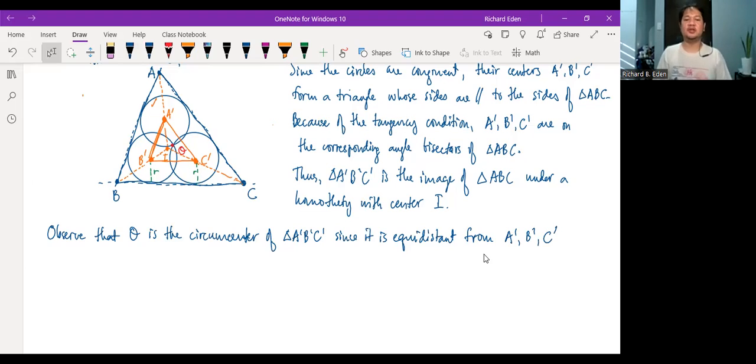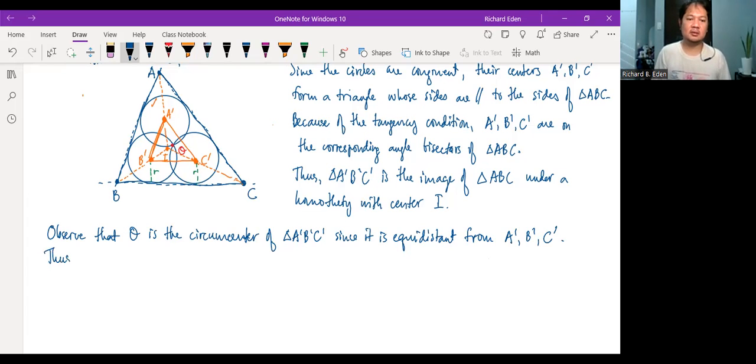This is the relevance of the three circles intersecting at a point, being concurrent at the point O. A prime O is a radius, B prime O is a radius, C prime O is a radius, and the circles are congruent, so they're the same. Therefore, O is equidistant from A prime, B prime, C prime, making it the circumcenter.